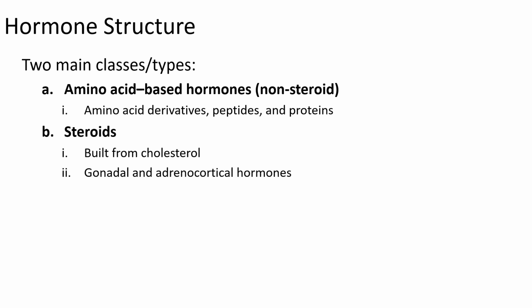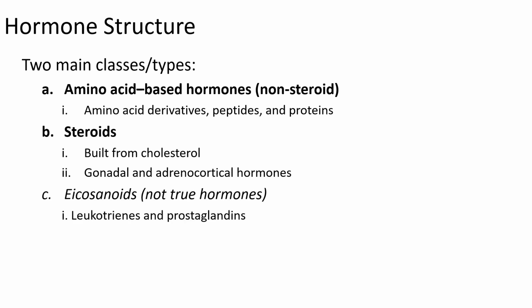And typically this is going to include both our gonadal and adrenocortical hormones, and those are hormones that are produced within the adrenal cortex. Again, gonadal and adrenocortical hormones are going to be our steroid hormones. Almost all other hormones are going to be amino acid-based hormones, so all the other ones that we'll talk about will be those, all right?